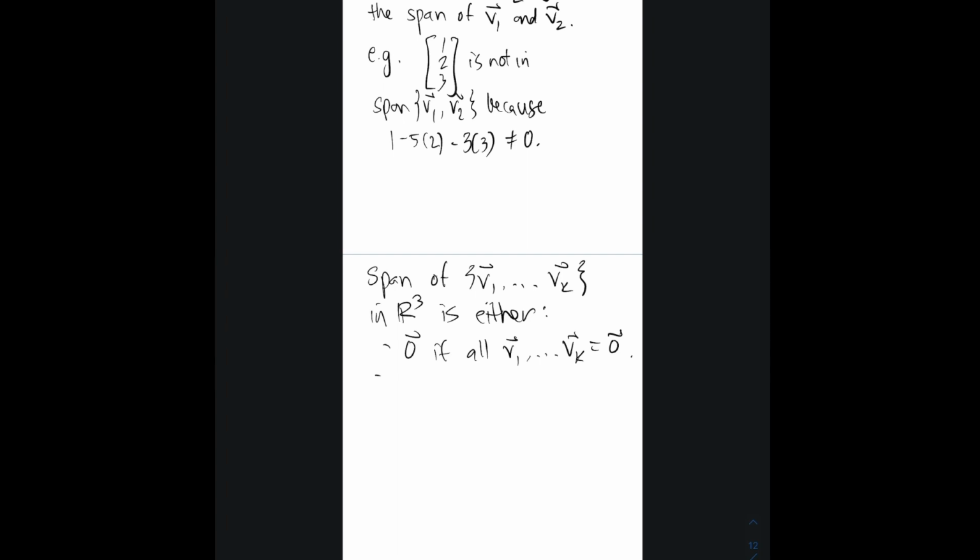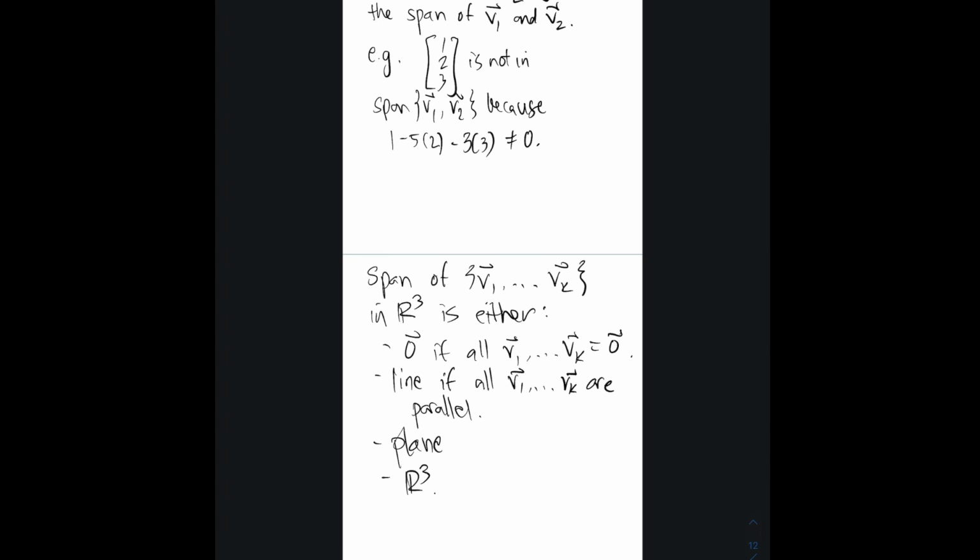Then what's the next possibility? It could be a line if all the vectors are parallel. If they all happen to lie on the line, then the span is a line. Or it could be a plane. And what's the other possibility? It could be R3.